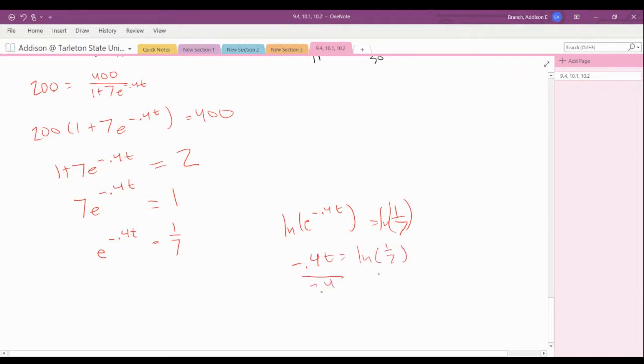Divide both sides by negative 0.4. So t is the natural log of 1/7 over negative 0.4, which if you plug that into your calculator, you get t is equal to 4.865 years.